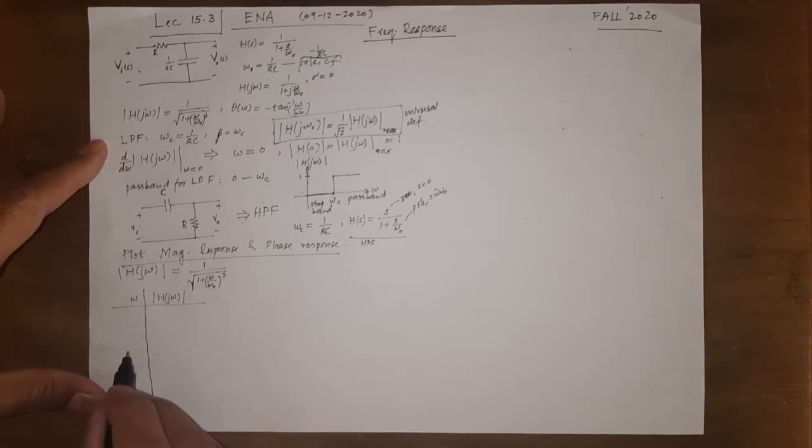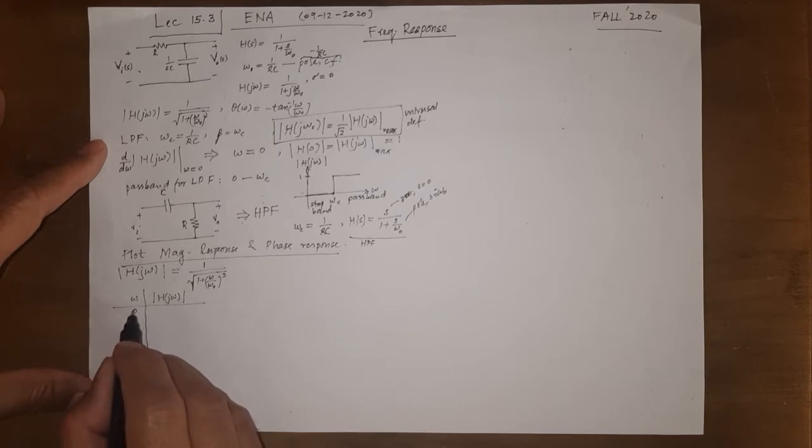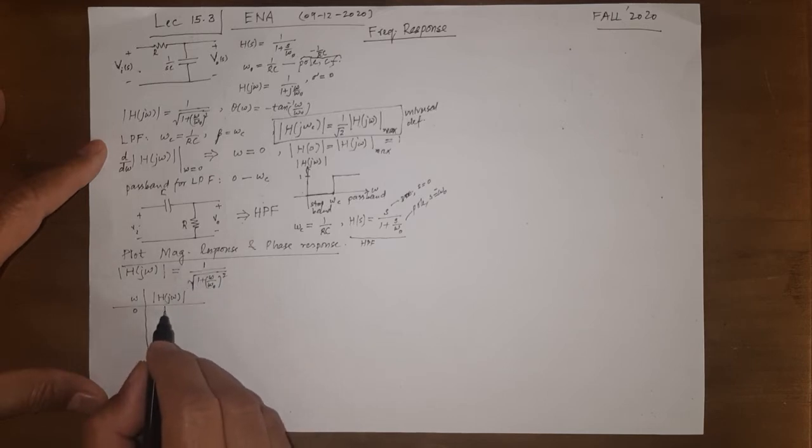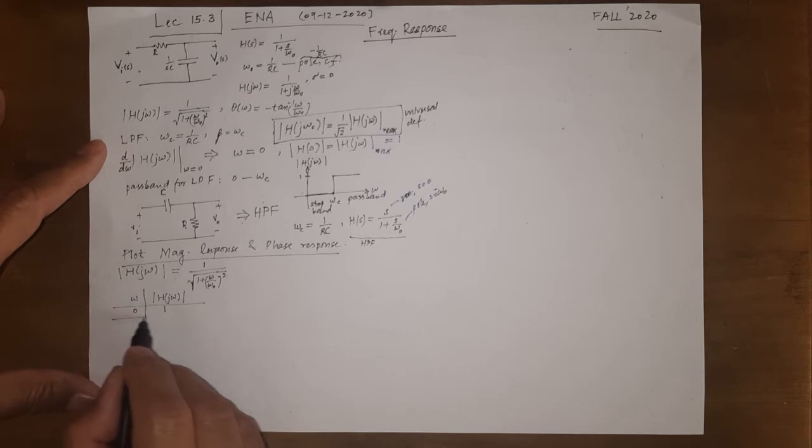Let us say if omega is equal to 0, then we are going to have 1 over 1, that would be 1. We have already seen this. What if we take omega equal to omega naught?